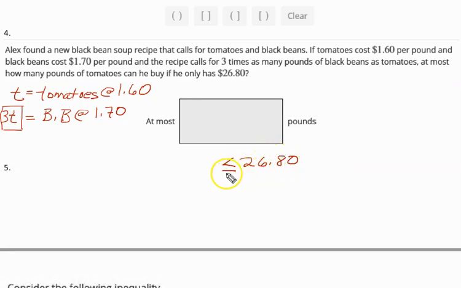All right, let's pause again. So, we're going to have tomatoes at 1.60. This is the number of pounds of tomatoes. Now we need 3 times as much black beans, so this is going to be 3t, and black beans cost 1.70.